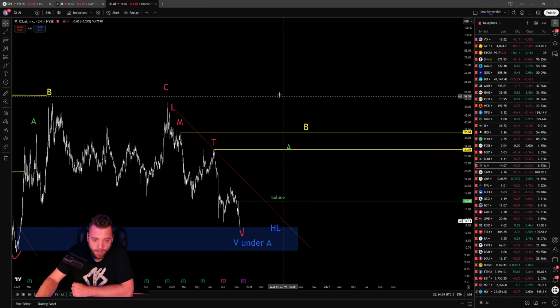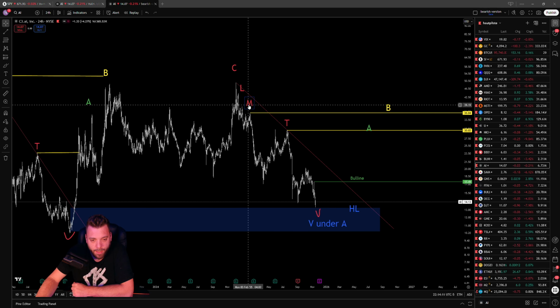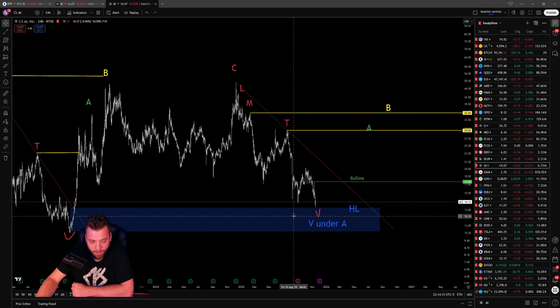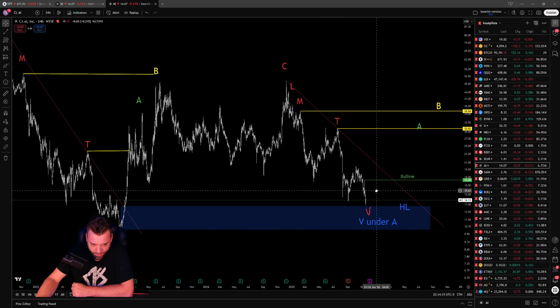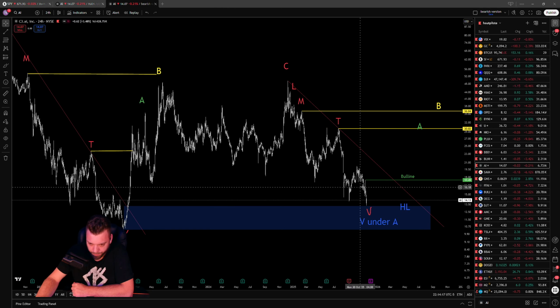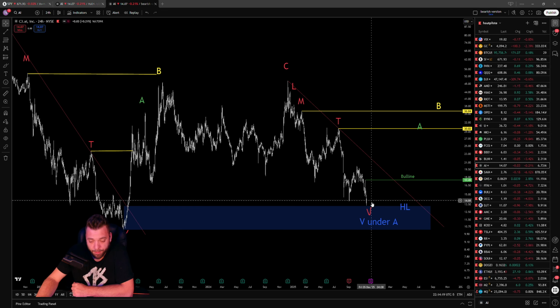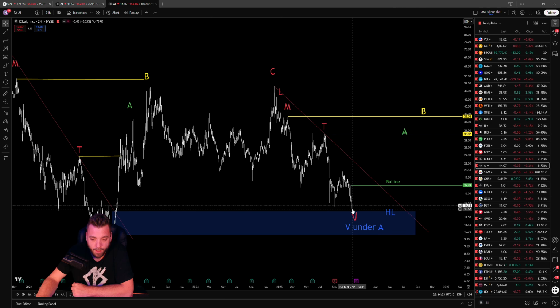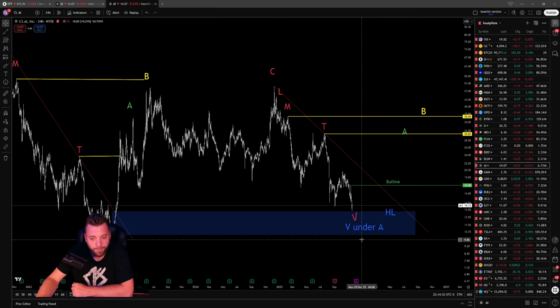And since then, we are in the C pullback. Lower high, midpoint T. And I said the last 2 weeks that I am bearish and will make a new low. The only question right now is: is this the low? So are we doing a higher low to 2022, or do we need a lower low?